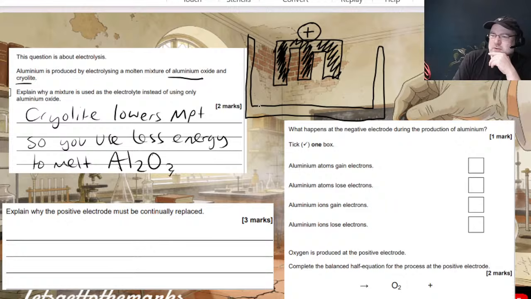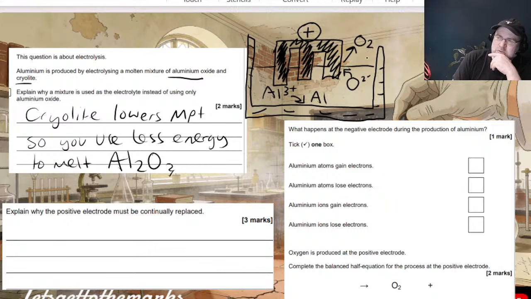By the way, this looks a bit weird because they use the base of the container as the negative electrode. And that's kind of cool because remember, this mixture is molten. I know it's got cryolite in there, but it has Al3 plus that become Al, and then it has O2 minus ions that go here and become oxygen.